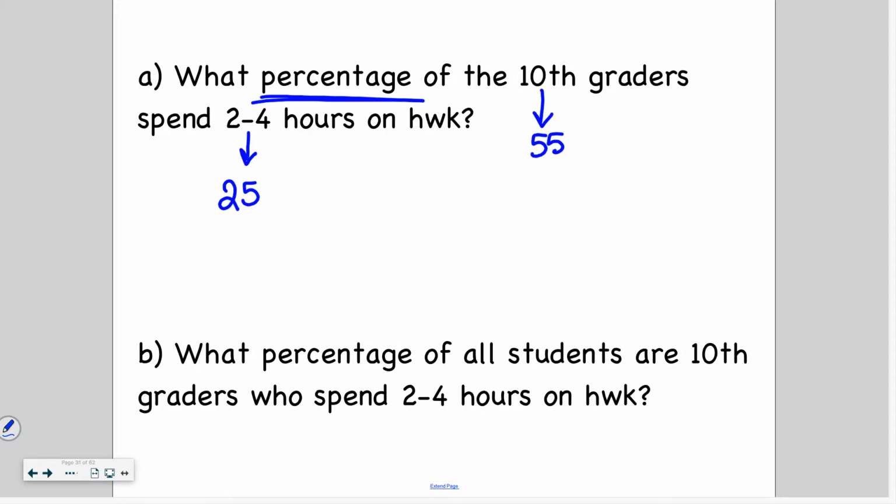So to find the percentage, we're going to divide the number of 10th graders that studied 2 to 4 hours by the total number of 10th grade students. So you're just going to use the fraction button, and then divide 25 by 55.